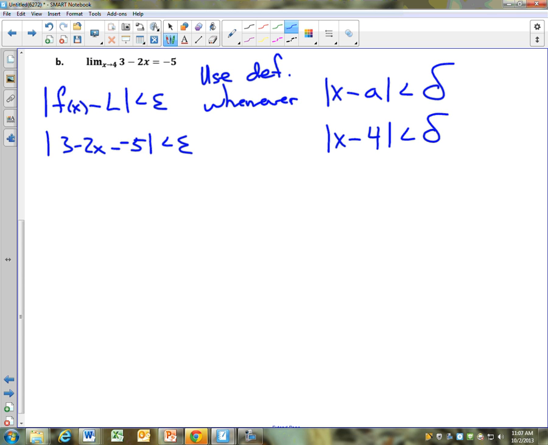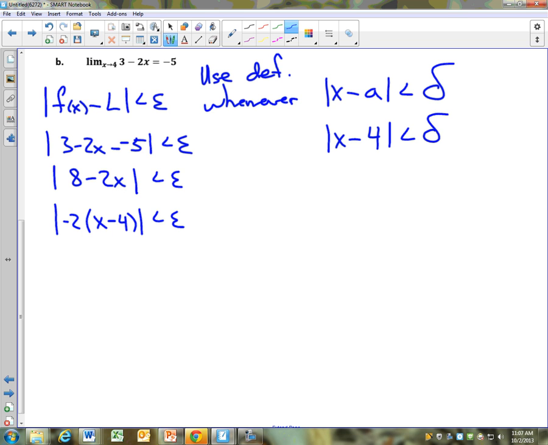Okay? So 3 minus 2x plus 5 is going to give me 8 minus 2x, right? What can I factor out of that? I want to get an x minus 4. Factor out -2, and that will give me x minus 4.